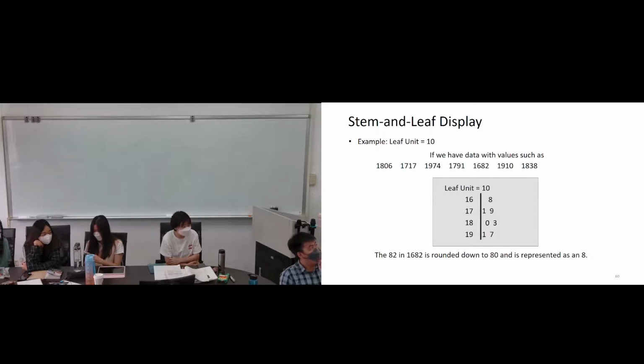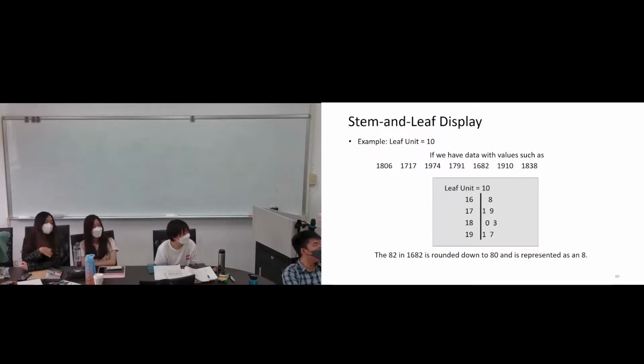So we round. 82, actually in this case, we round it down to 80. Then 1717, we round it down to 10, and 1791, we round it up to 90.